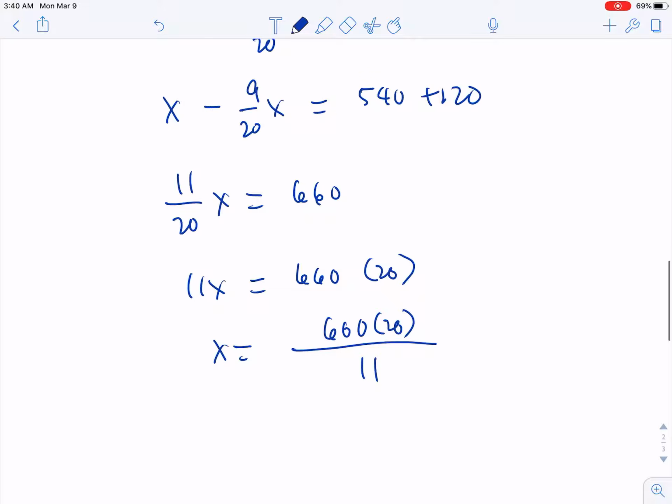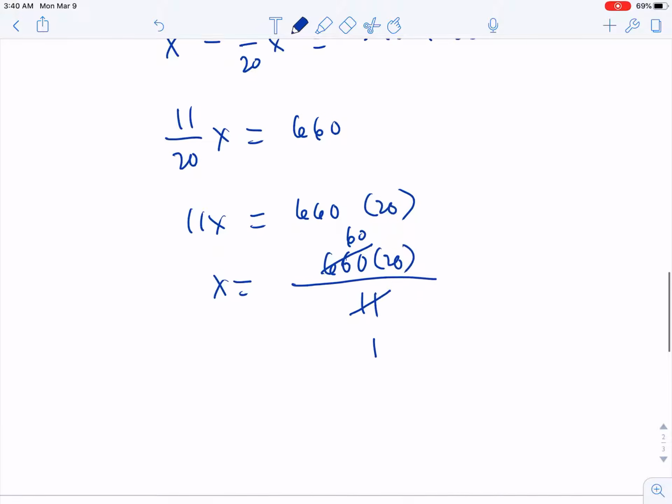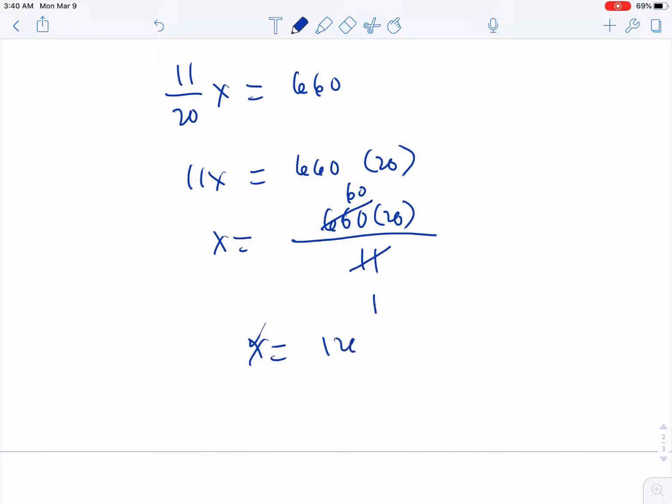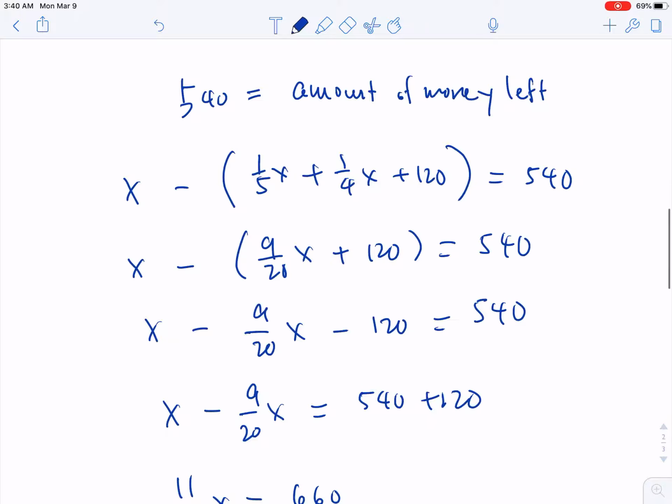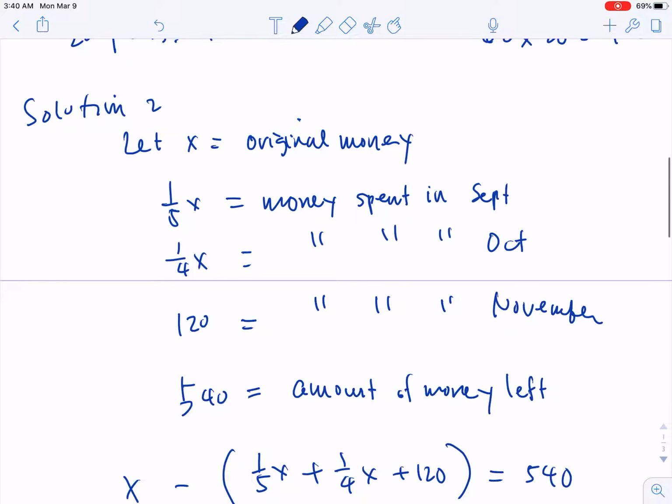So, pwede na tayo mag-cancel dito. Magiging 660 divided by 11 is just 60, di ba? Kaya 60 times 20 ay 1,200. So, yun yung x natin, which is the original amount of money.